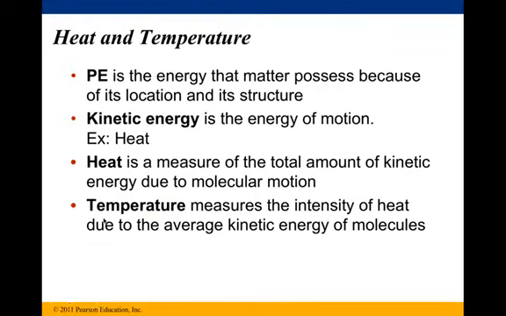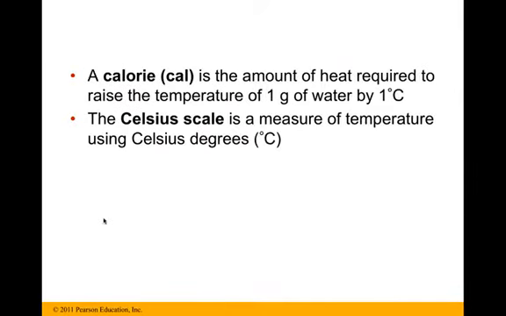You definitely need the understanding of these concepts, as well as the difference between calorie and Celsius scale. Heat is measured in calories, whereas temperature is measured in Celsius in sciences. In day-to-day life in the United States of America, we use Fahrenheit, whereas Fahrenheit is not used in sciences.